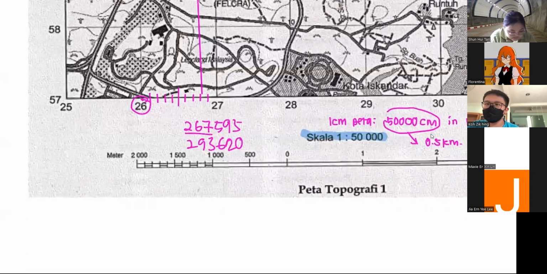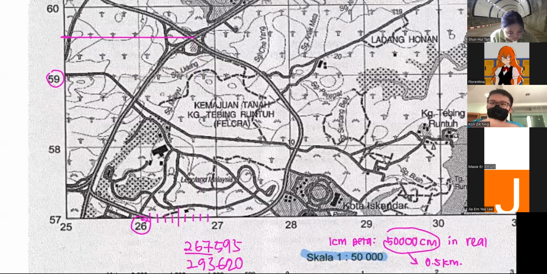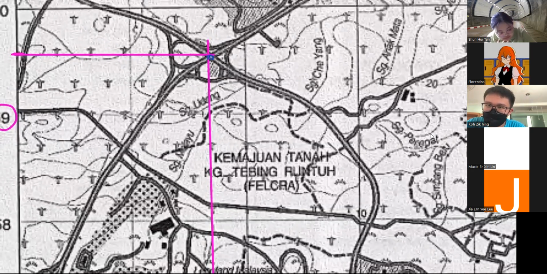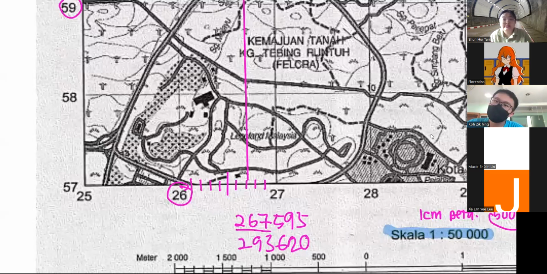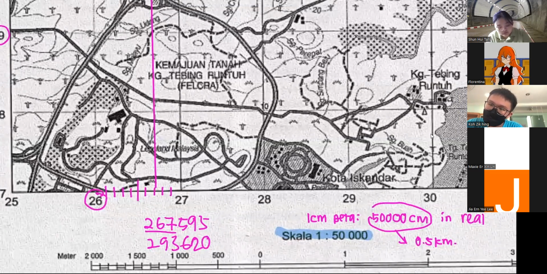Just now was how much? 7. So you will find out that I need to calculate from this point onward. You can see, actually, I used yellow color. I need to measure starting from this point. All right. And then they said the next point is what? 293,620. Okay, 293, 29. So 29 is here. I need to find out the 0.3.